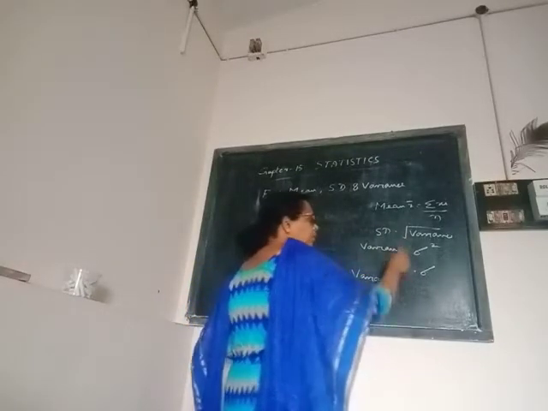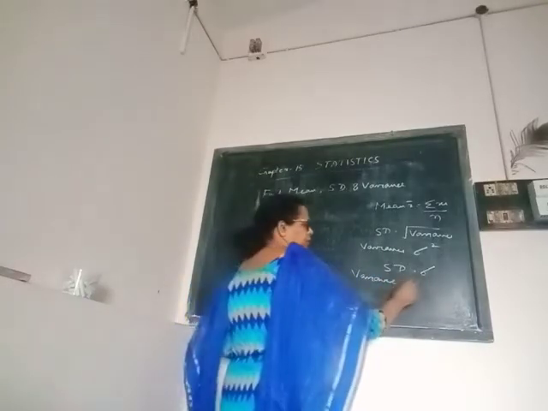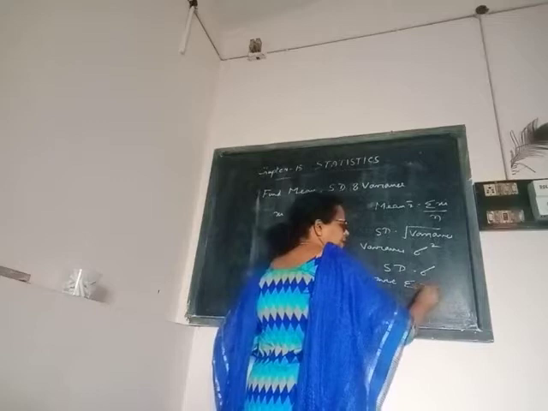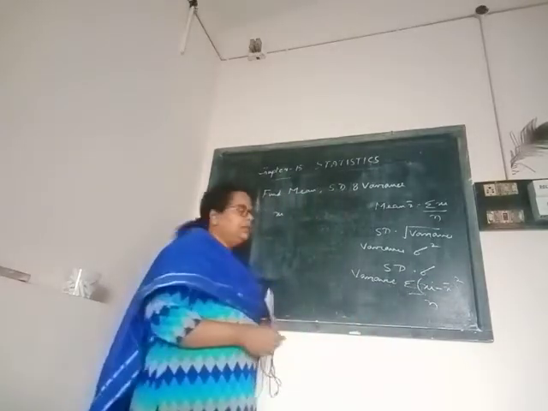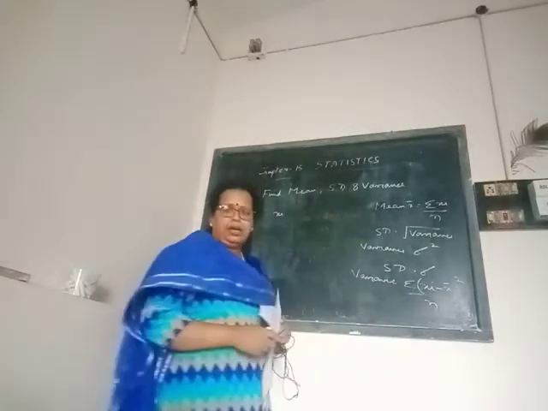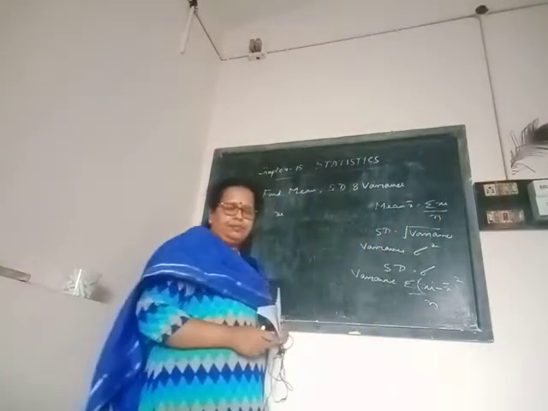Variance means how each observation varies from the mean. It can be calculated by the formula sigma xi minus x bar whole squared by n. So you should remember these formulas. Mean x bar is sigma xi by n.